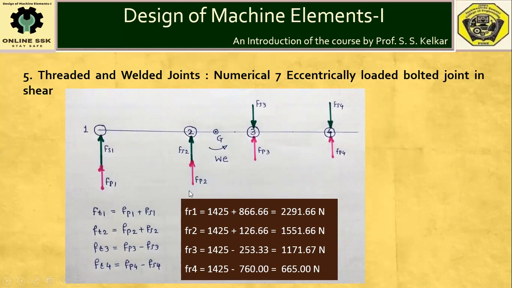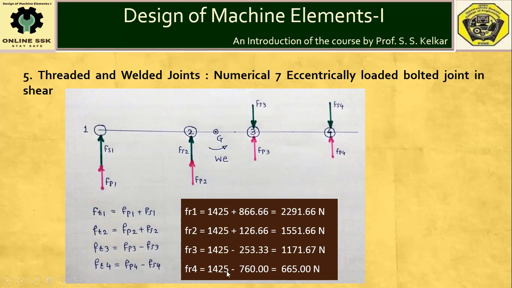For bolt number 2, again Fp2 plus Fs2. For bolt number 3, primary and secondary force are in opposite sense, therefore Fs3 is subtracted from Fp3. Similarly, for bolt number 4, the primary and secondary forces are in opposite sense, therefore Fs4 is subtracted from Fp4.